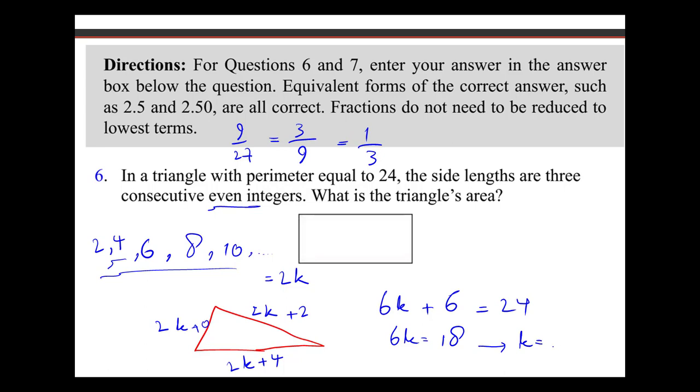So k is 18 divided by 6, which is 3. So this side is, let me draw it again, 2 times 3, this is 6, so this is 2 more than it, it's 8. 2 times 3 is 6, plus 2 is 8, and this is 2 more than it.